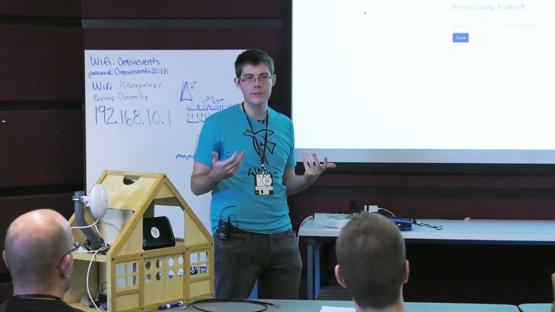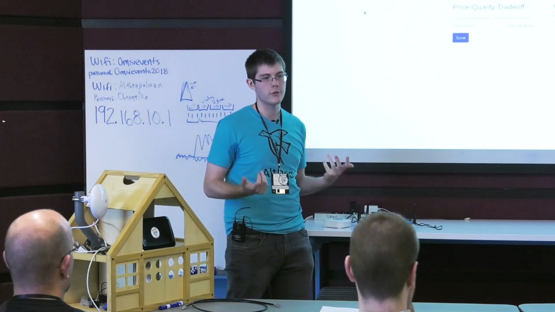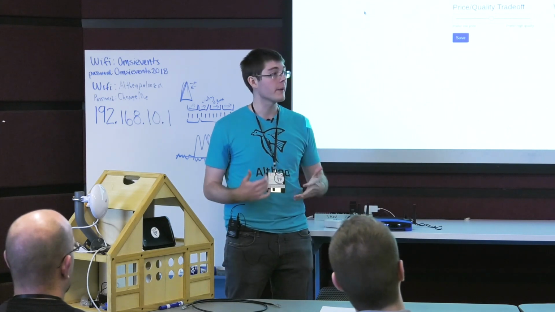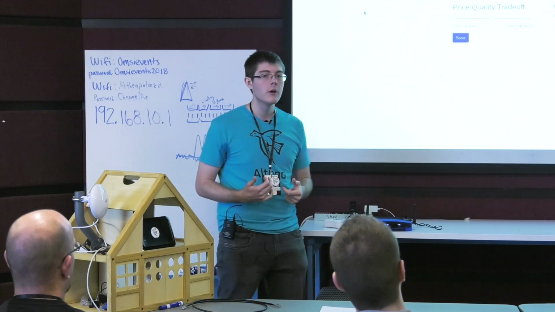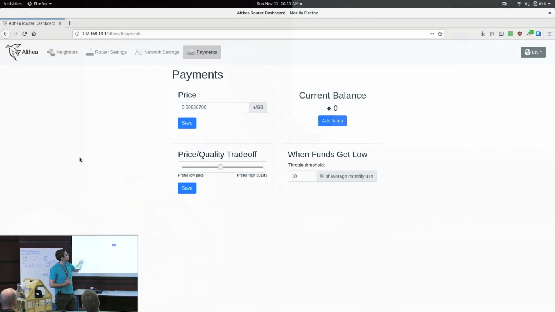You should increase your price to forward traffic. That's easy. But the base price is difficult to determine because that's based on environmental factors. What were your costs? How do you make sure you're going to recover your costs? So right now, you set it yourself in Ether per gig.